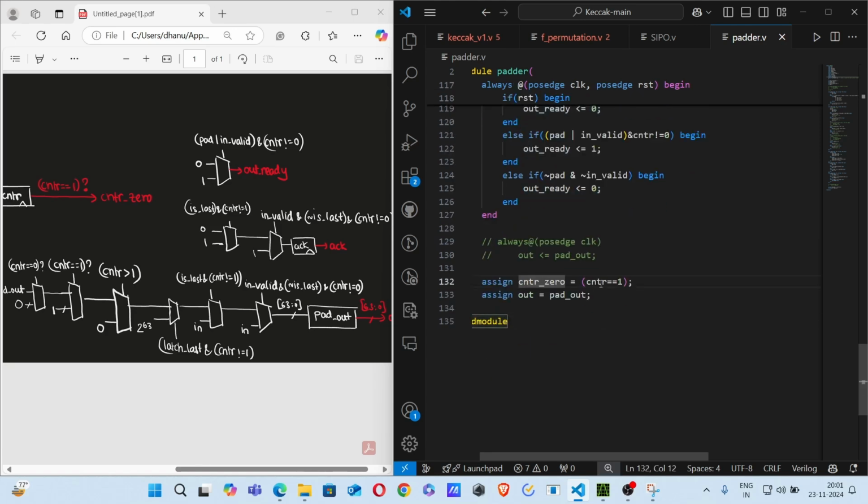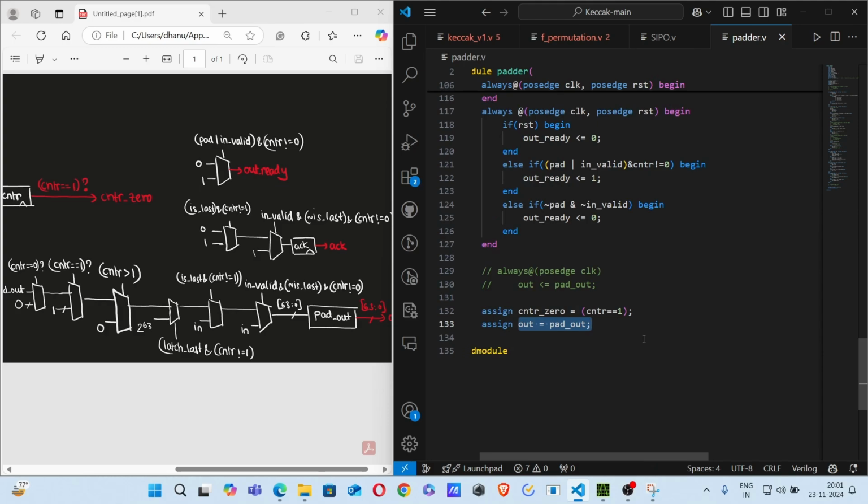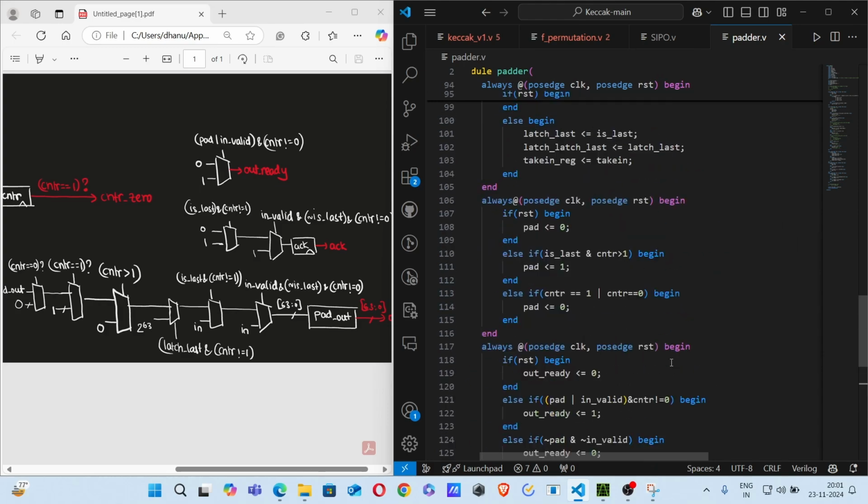So this is not very intuitive, but we had to make counter 0 the condition when counter equals 1, because we later on figured out that we were counting one extra cycle. This is given to the CPO module. And then finally out, which is just assigned as pad out for naming convention.